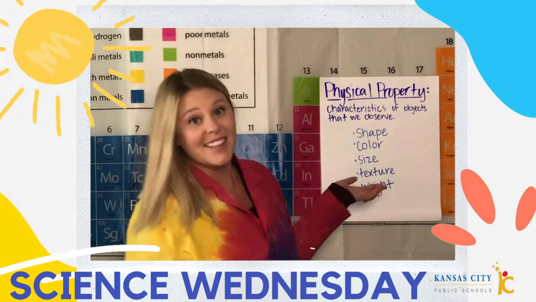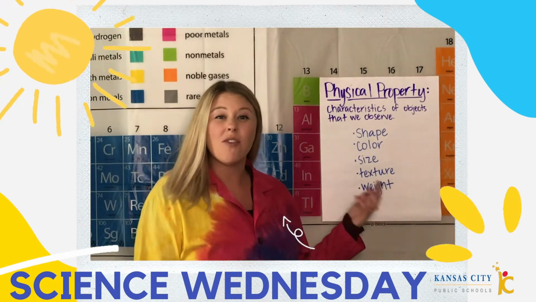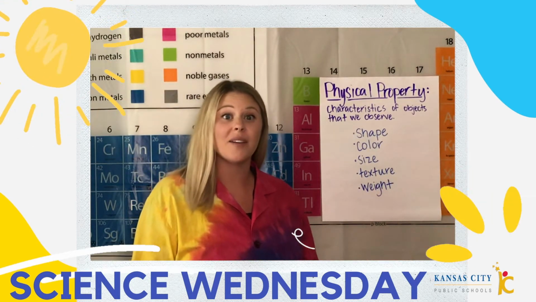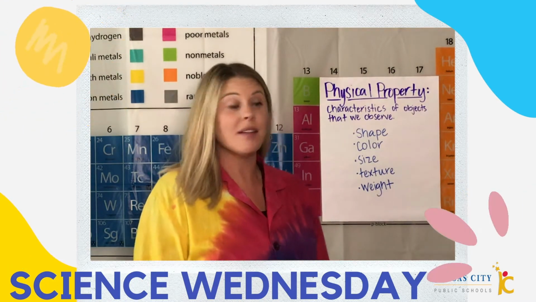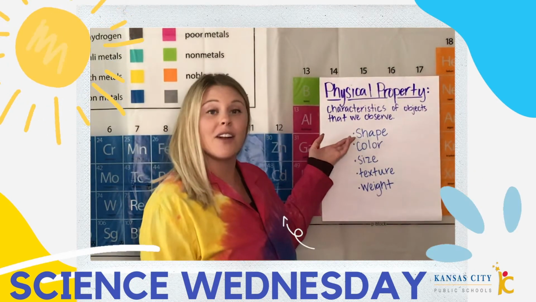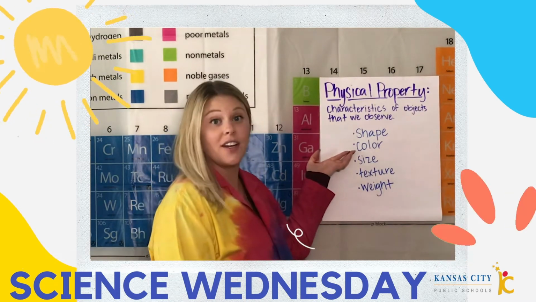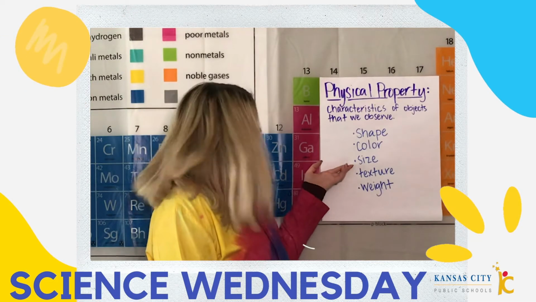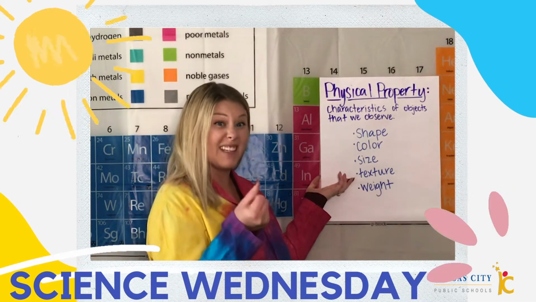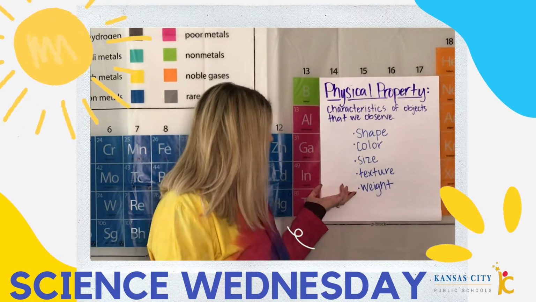Now, back here, I have some examples of what physical properties are. Physical properties are ways that we can describe the shape of an object, the color of an object, the size of an object, the texture, what it feels like, and weight.